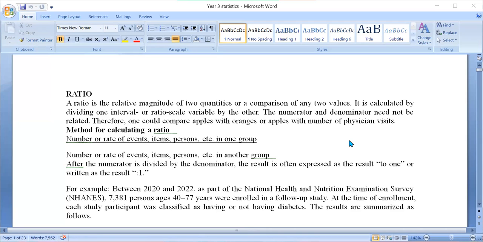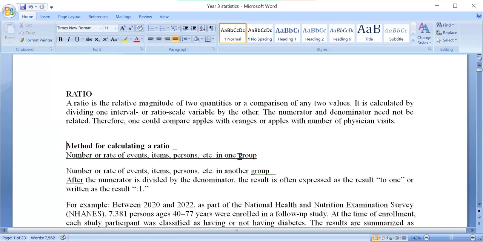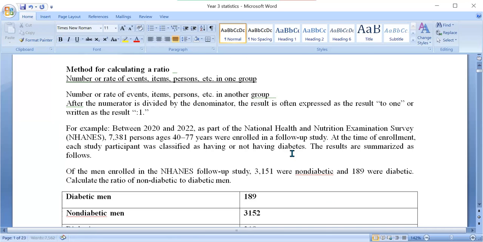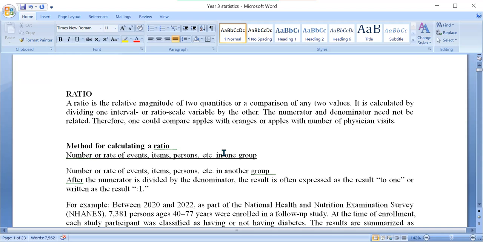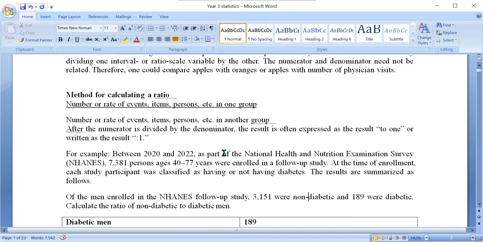Today we'll be looking at some concepts that are very important in health statistics. We'll be looking at ratio, and we'll be making some calculations.